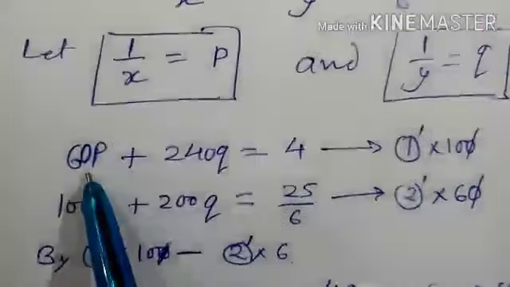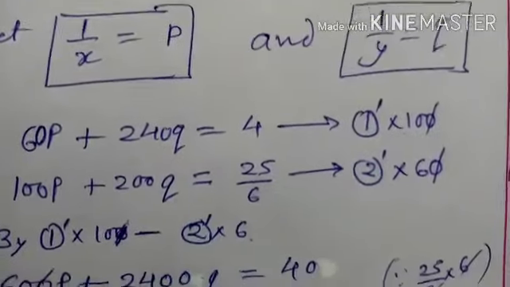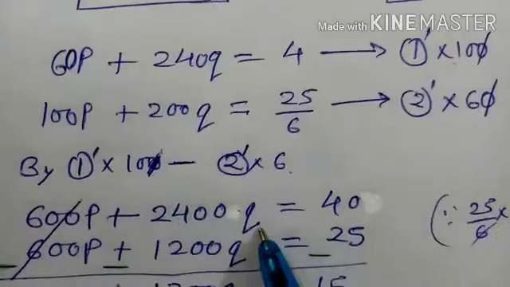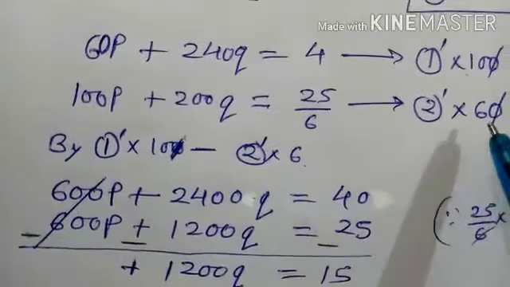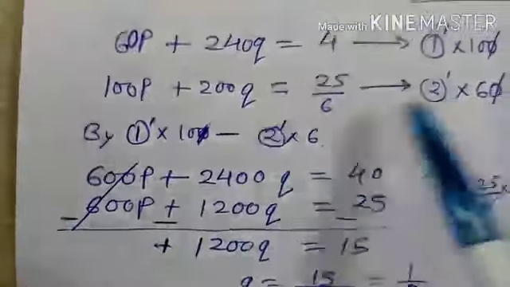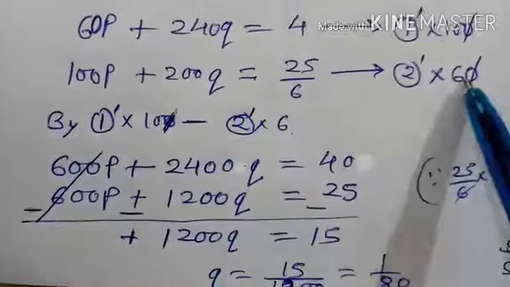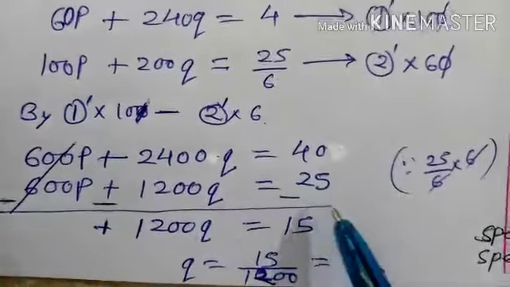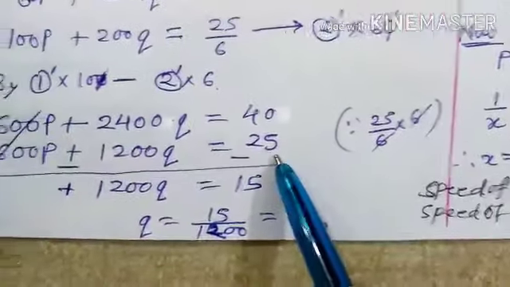So 10 into 60 is 600p, 10 into 240 is 2400q, and 10 into 4 is 40. Now 6 into 100 is 600p, 6 into 200 is 1200q, and 6 cancels out, only 25 remaining.